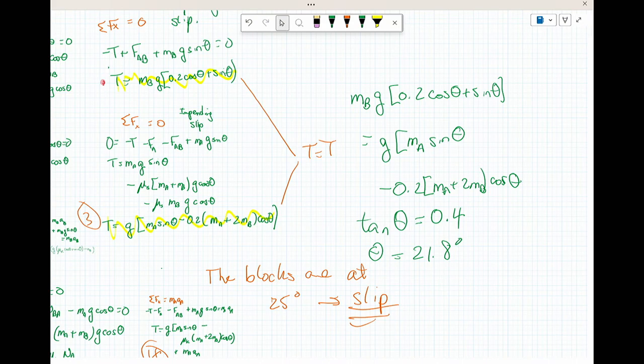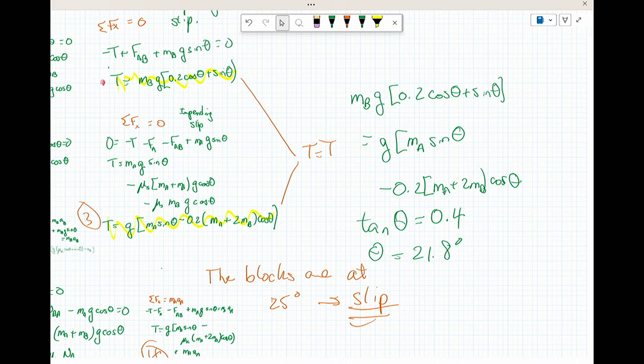That tells me you have slip. So at that point, I have to redo the entire problem. You'll notice I drew all of the free body diagrams and rewrote all of the equations from the beginning. However, I didn't need to, because all of the equations were exactly the same, except that instead of mu s, I was using mu k. And then I did the solution again.